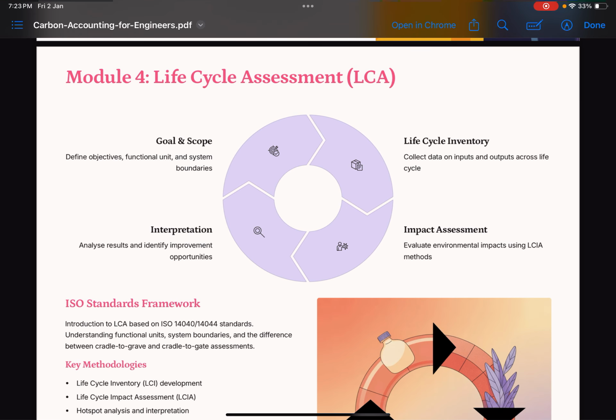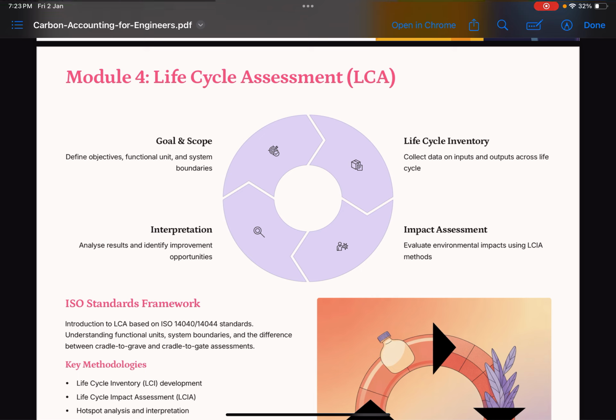Module 4 is an introduction to what is known as a holistic assessment or a life cycle assessment. The life cycle assessment would be touched upon, wherein the scope would be defined, the inventory would be defined, the assessment would be done, and based on that assessment, some findings would be reported.